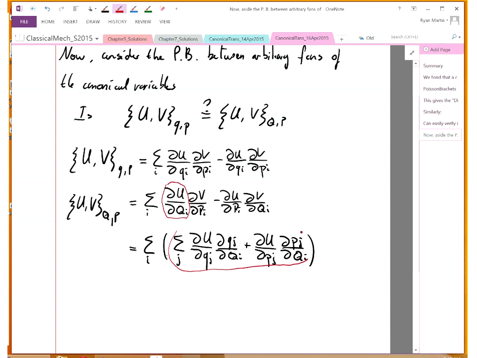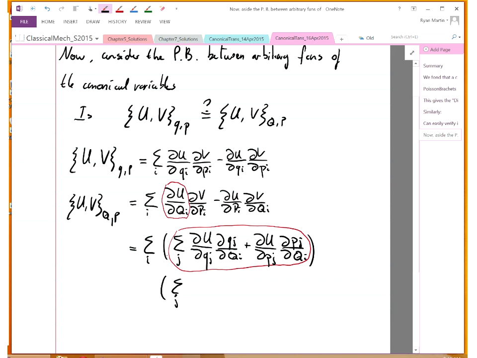That's just that first term, just applying the chain rule. Because capital U depends on lowercase q and p, when I do ∂U by ∂Q_I, I have to do how does the lowercase q depend on the capital Q, and how does the lowercase p depend on the capital Q? Okay? That's the first term.